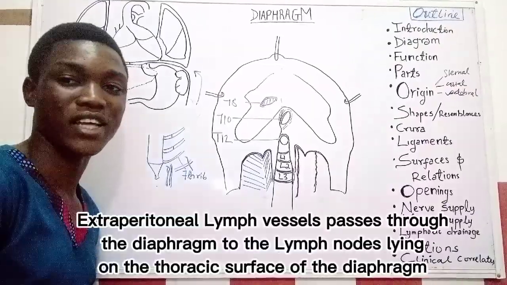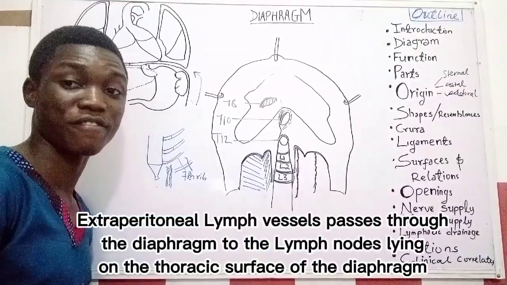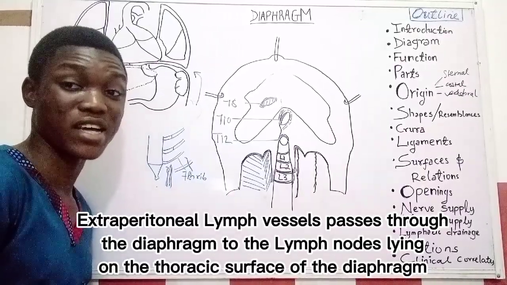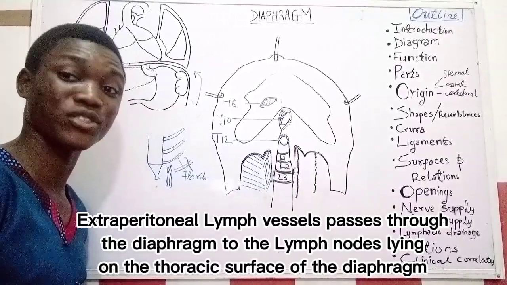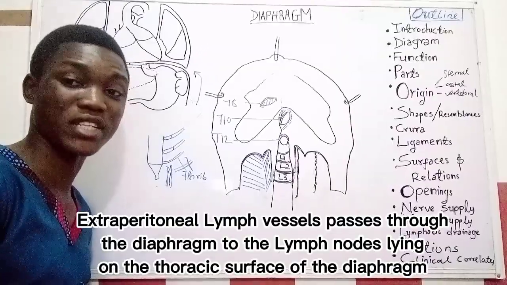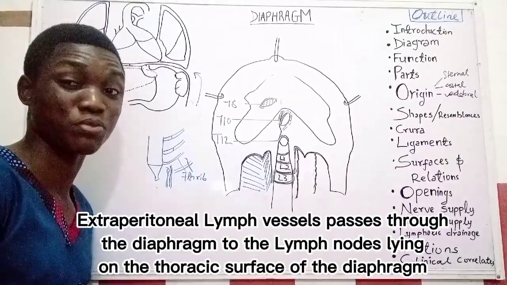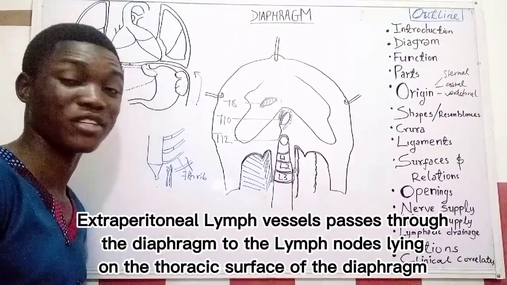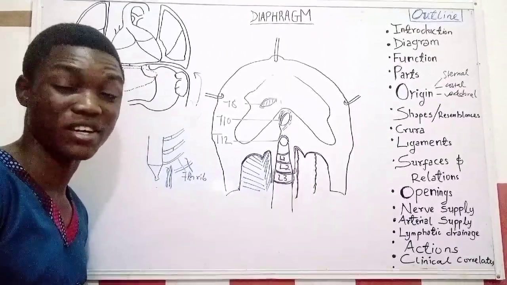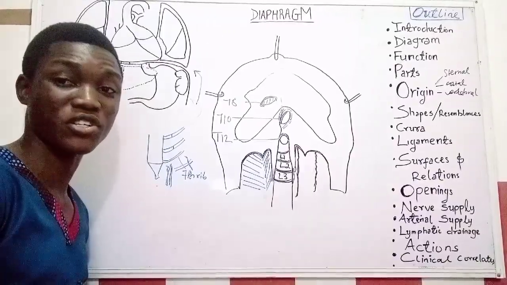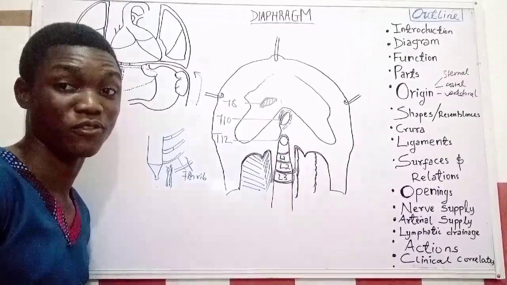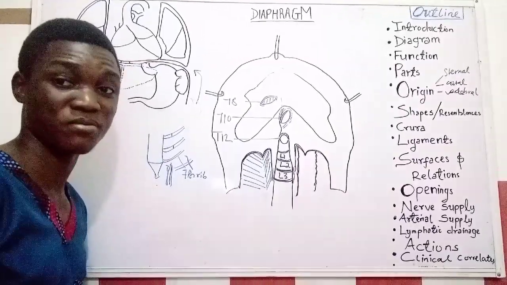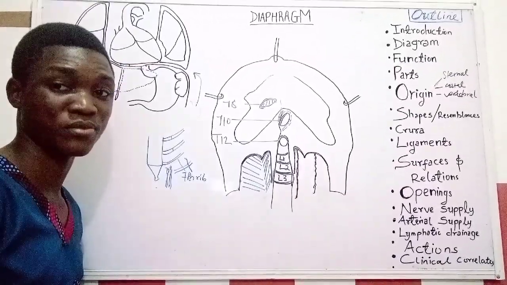And also the extraperitoneal lymph vessels pass through the diaphragm to drain into the lymph nodes located at the thoracic or superior surface of the diaphragm. These lymph nodes include the anterior diaphragmatic, the posterior, the right and the left diaphragmatic lymph nodes. We will still talk about that when we get to the lymphatic drainage of the diaphragm.